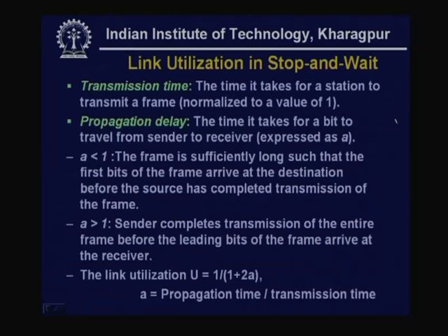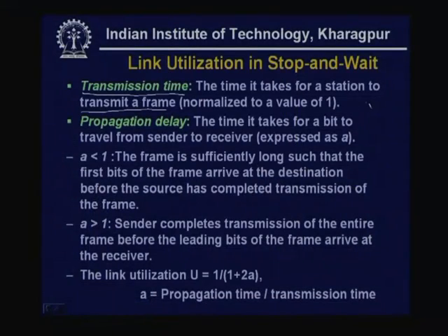And for that purpose, we have to understand two important parameters. One is known as transmission time. The transmission time is the time it takes for a station to transmit a frame. It will depend on what? The time for transmission of a frame will depend on the length of the frame, and also on the rate at which the transmission is taking place.